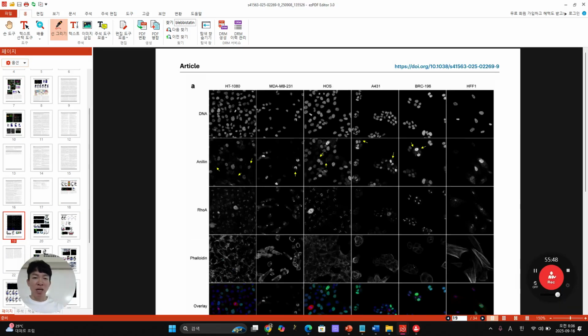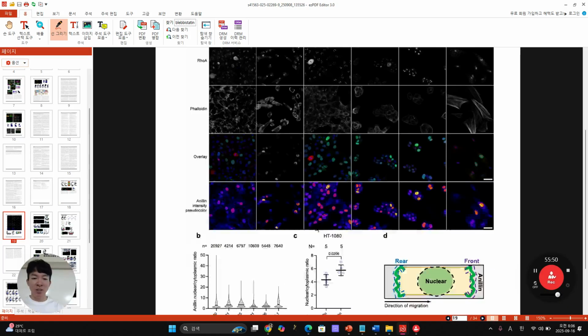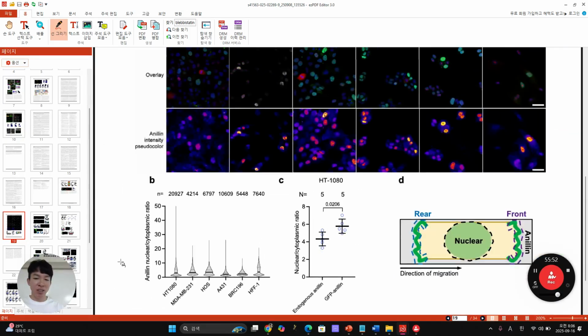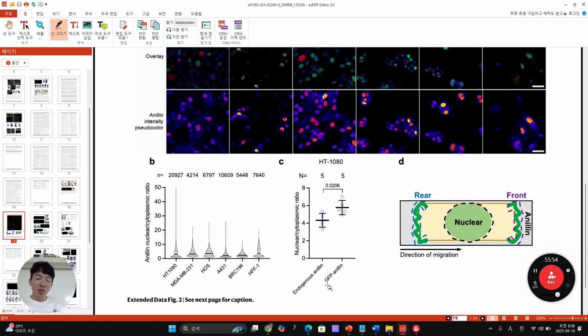So they checked all kinds of cancer cells, and in most of them they detected anillin. And then actually GFP-anillin. When you say GFP-anillin, NLS, and mCherry, you are adding this protein externally, which means they are not endogenous. Endogenous is natural.